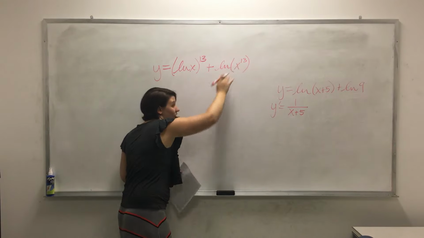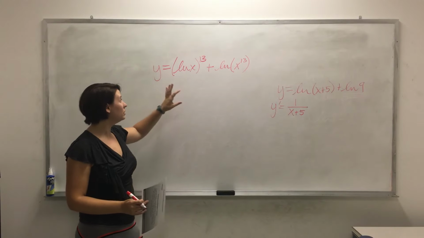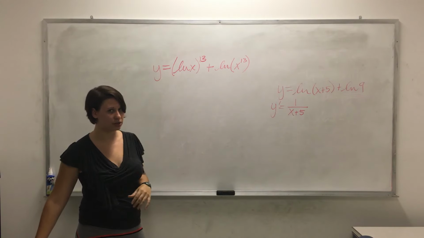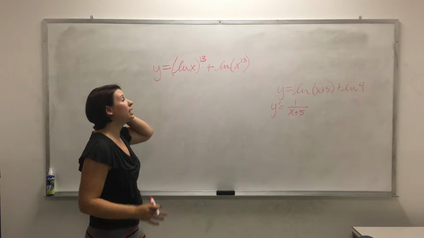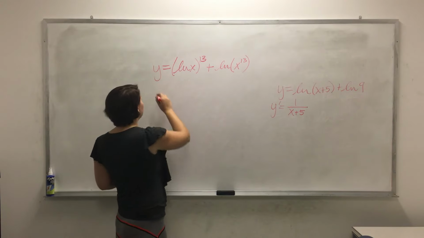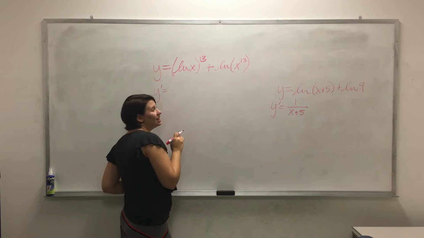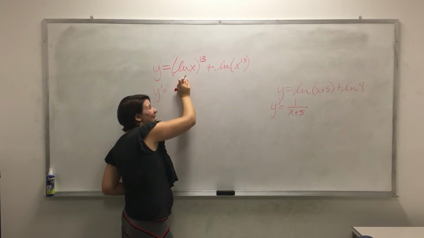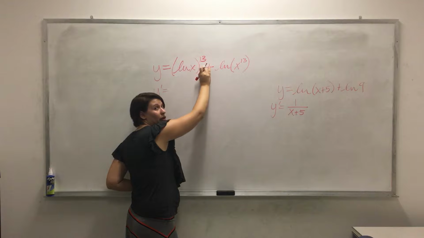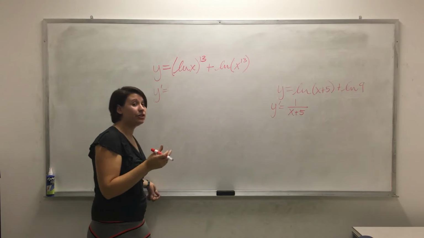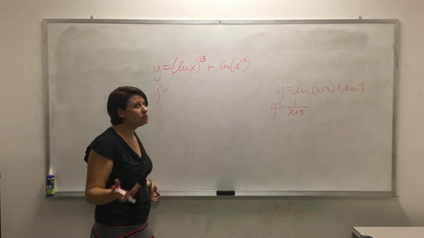This is just x to the 13th, so they're opposites of each other, essentially. Okay? Again, we're taking the derivative. So, with this first term, we need to recognize that this is a function inside of a power. Okay? That means this is a general power rule, or a chain rule.